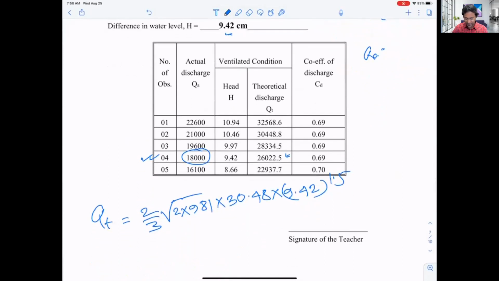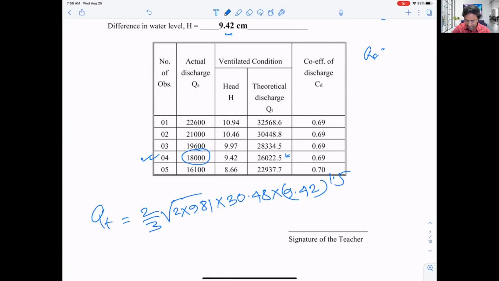So let me just quickly calculate. 2 divided by 3 multiplied by root over 2 into 981, into B, 30.48, multiplied by the height 9.42 to the power 1.5.